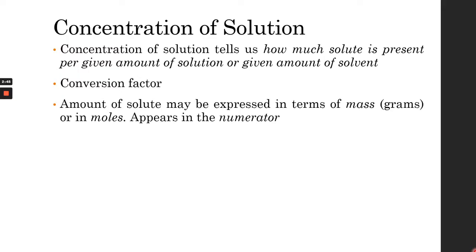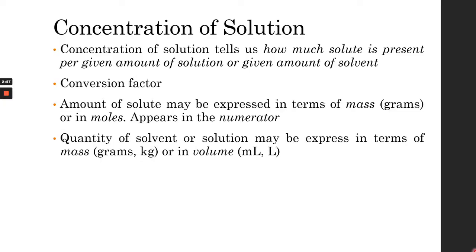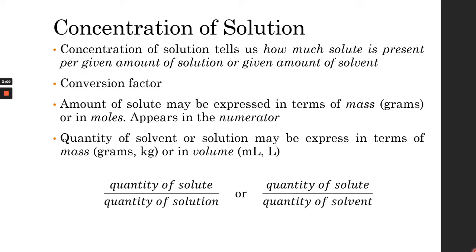The amount of solute may be expressed in terms of mass or in moles. And usually in concentration of solutions, the solute always appears in the numerator. Moreover, the quantity of solvent or solution may be expressed also in terms of mass, grams or kilograms, or in volume, in milliliters and liters, and it usually appears as the denominator of your concentration.